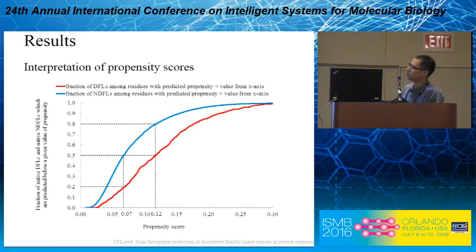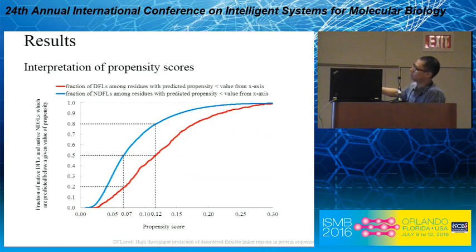Now, since this method outputs the probability score for each residue to be a DFL, to interpret this score, we plot this figure. In the x-axis, we have the probability score, and in the y-axis, we have the fraction of native DFLs which are predicted to be below the given score, and the fraction of native non-DFLs in the blue line.